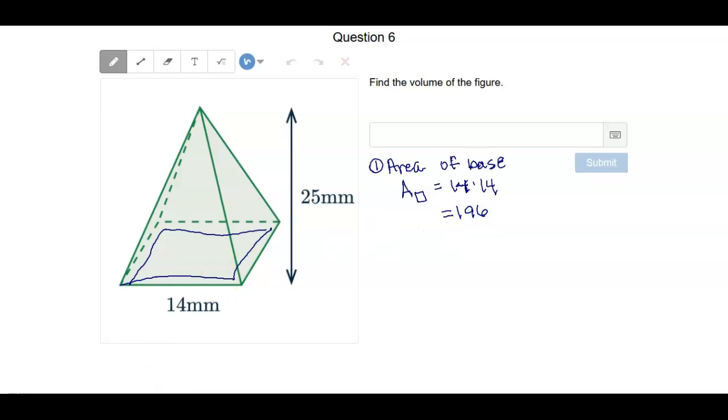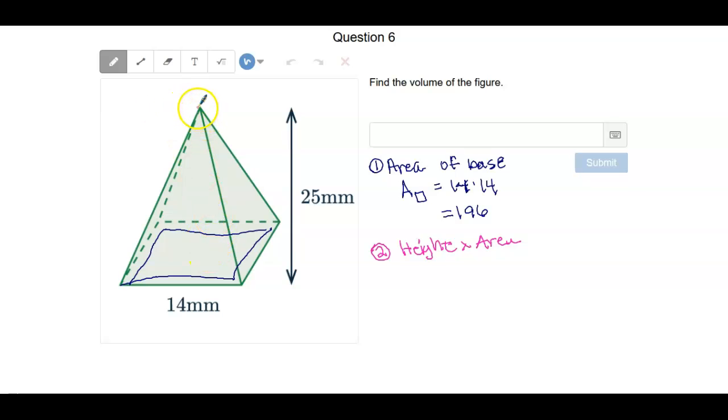The second thing that we need to do is find the height, and we're going to multiply height times area. The height is this one right here, because this would be perpendicular to the base.